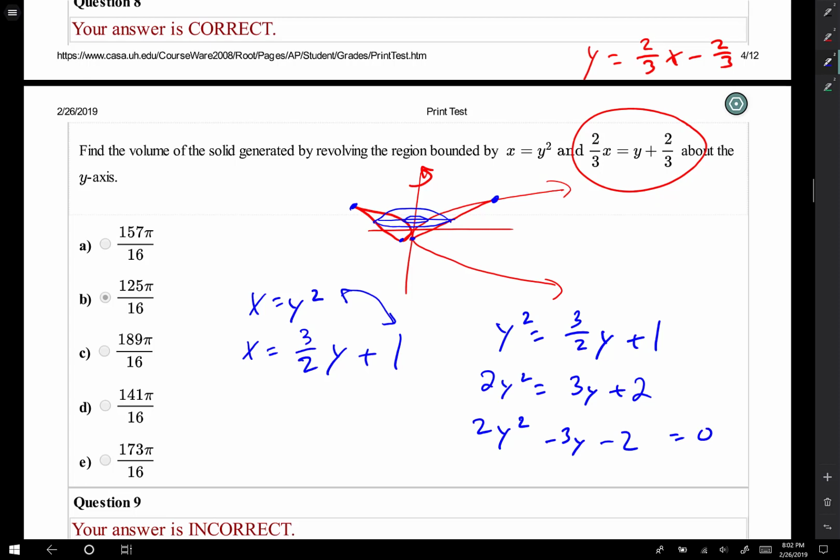So let's see if I can factor this out. Let's see. 2y, y. I want to add up to a negative 3. 2, 2, 4. That has to be a 1 and a 2. Am I doing it right? Is this right?